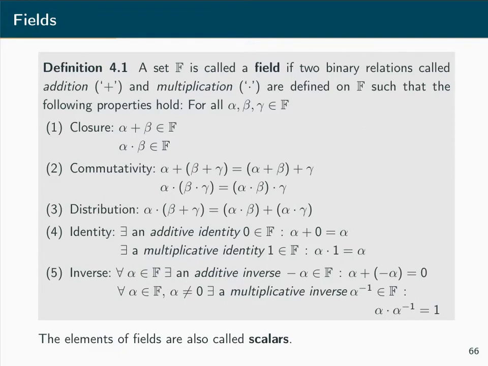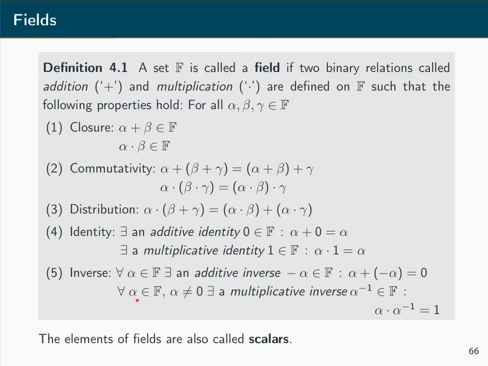And the fifth and final property that we need is the existence of inverses. So first of all, for all elements alpha of the field, there must exist an additive inverse, meaning an element that we call minus alpha in F, and which has the property that if I add this element to alpha, then I get my additive identity. And a similar thing must hold for multiplication.